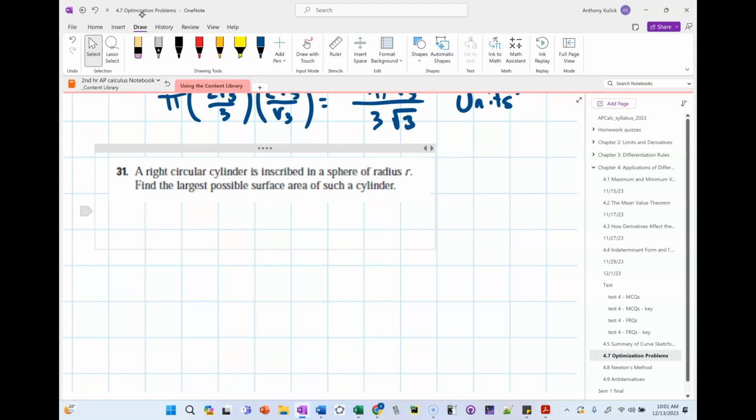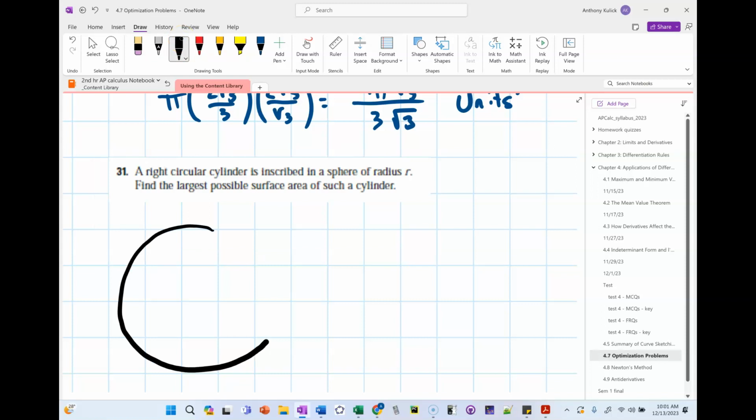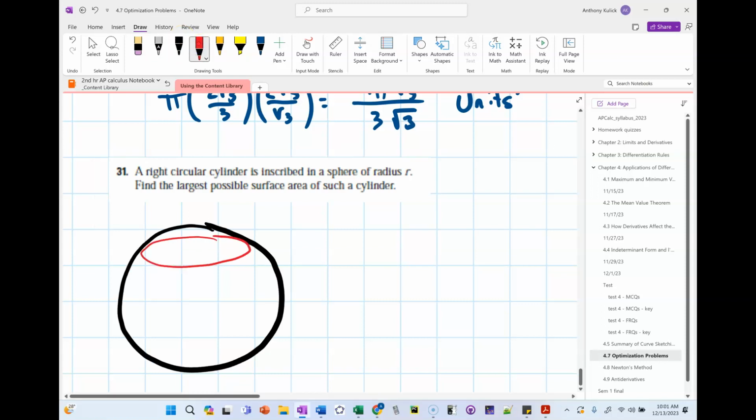So same situation, except now we're asked about surface area instead of volume. So it's the same kind of picture. Here's my sphere. Here's my cylinder.